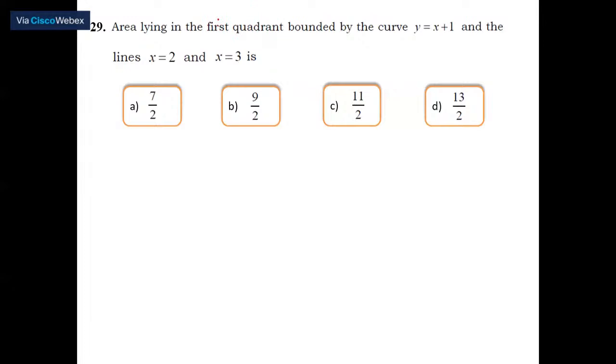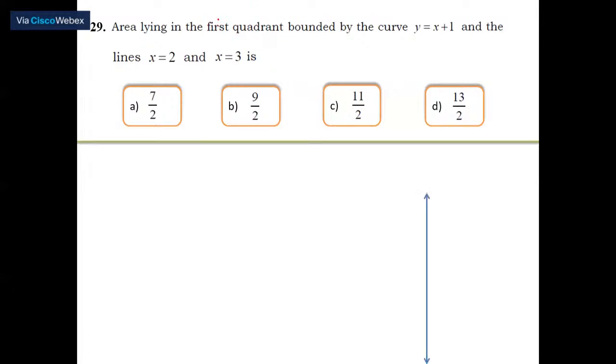So now first let us consider this straight line y is equal to x plus 1. To find out the straight line on our xy plane, to find out the point on y-axis, consider x value as 0. Therefore, our point on y-axis is 0, 1.